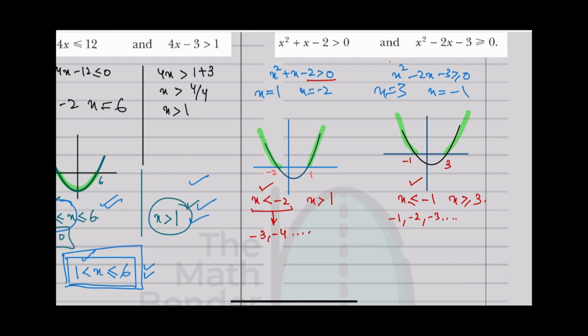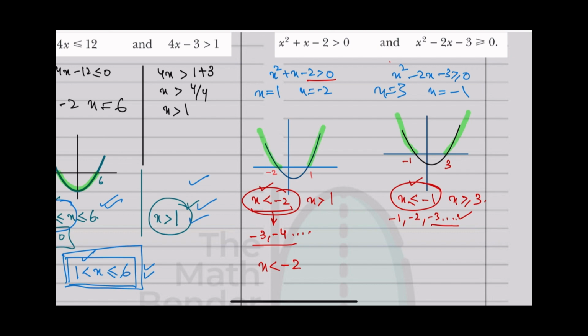So can I say that this region is common? And this is what I need to cater to. So if I take x is less than -2 only, this will be true for this inequality as well as this inequality. Both of them are going to be making a settlement for x is less than -2.